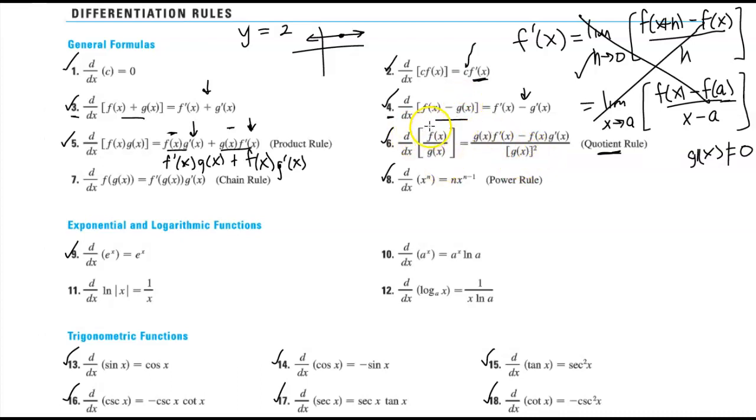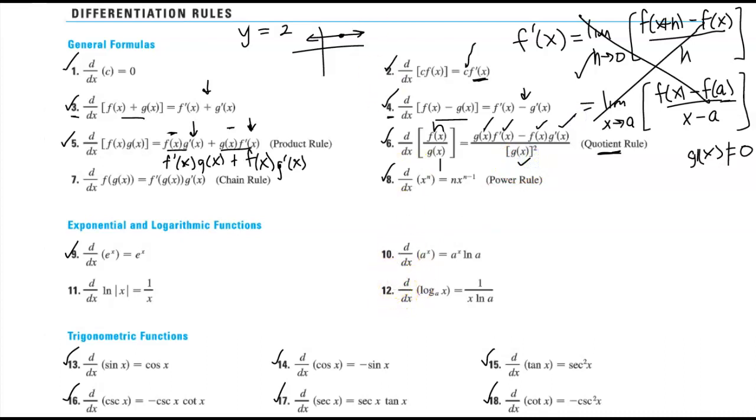If we look at the f of x function as the high function and the g of x function as the low function, then we could reword what we're saying here this way. We will have low derivative of high minus high derivative of low over low squared.